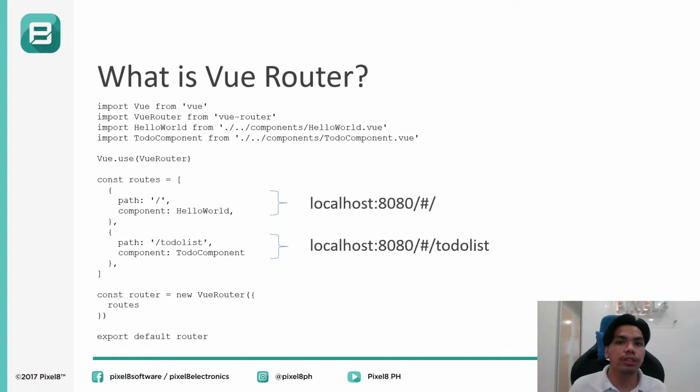Whereas if you use the route slash to-do list, for example, localhost slash to-do list, it's going to display the to-do component instead. That is how Vue Router changes components based on the path that is set.